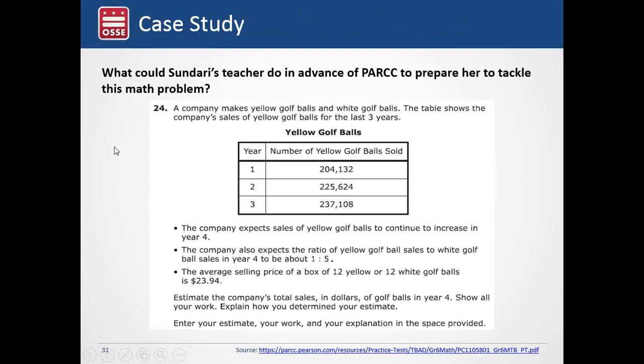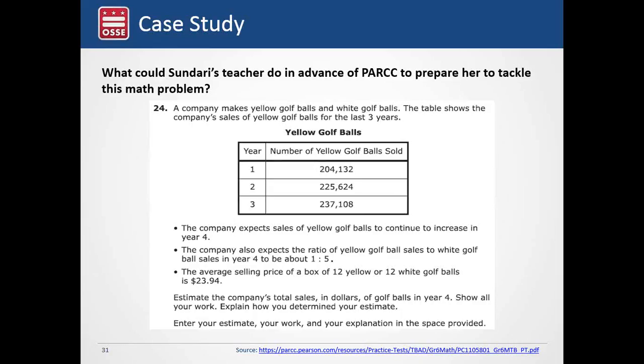So going back to our case study, Sundari, the 6th grader, remember? She would be asked to read, and then she would be uncomfortable. We know that yesterday she put her head down when she was asked to look at this math problem and solve it.